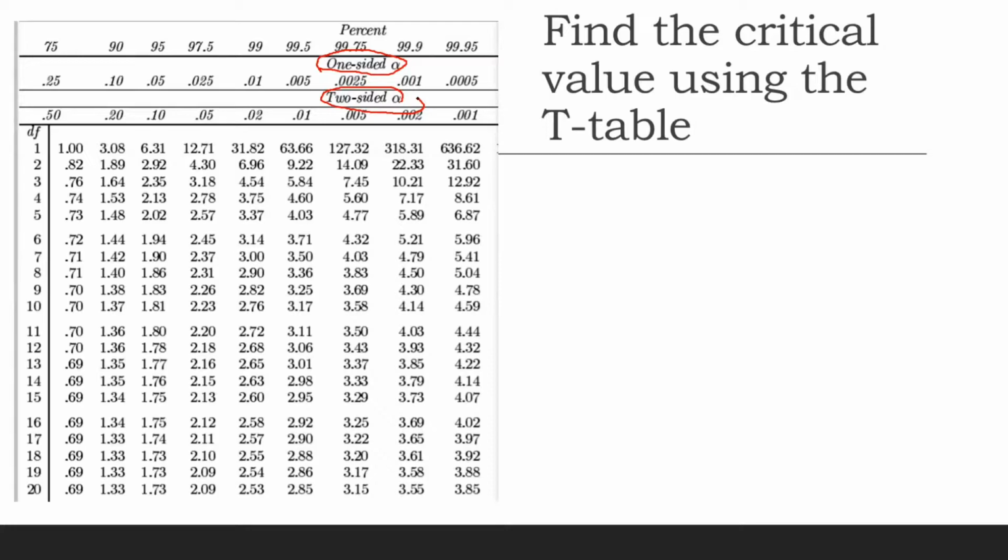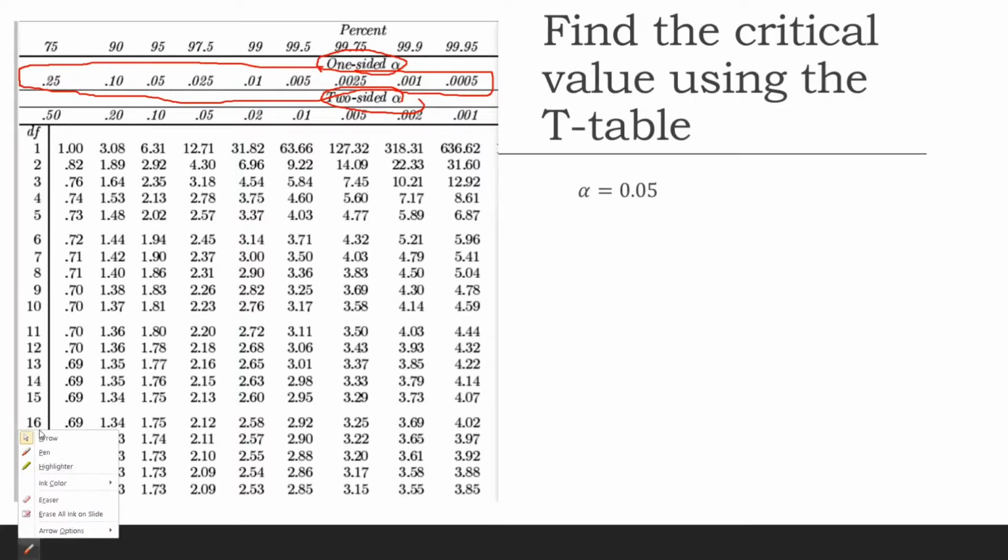Since one-tailed yung ating alpha, so dito tayo titingin sa ating one-sided alpha or one-tail natin. So here, the alpha is 0.05. So, ito yung ating 0.05. So, dito sa ating part na to. Ayan.